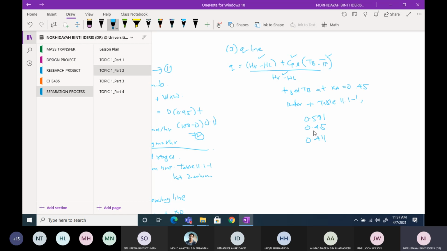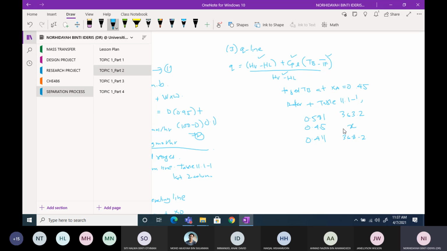If you look at the first column, 0.411 corresponds to 36.82 Kelvin, and 0.581 corresponds to 363.2. So for you to get the T_B value, you need to find this x.